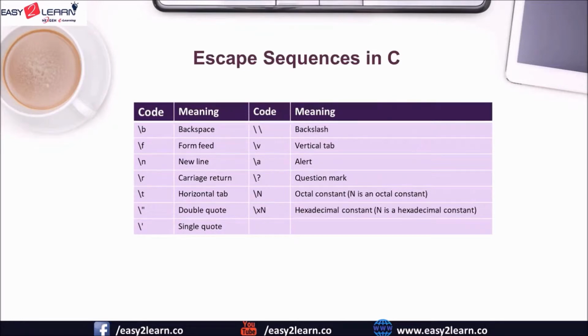For example, \b stands for backspace, \f form feed, \n new line, \r carriage return, \t horizontal tab, \" double quote, \' single quote, \v vertical tab, \a alert, \? question mark, \n octal constant, \xn hexadecimal constant.